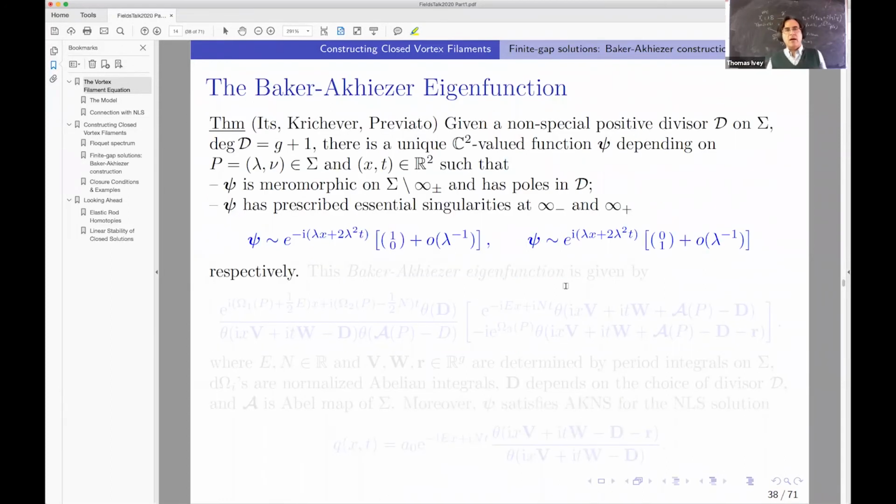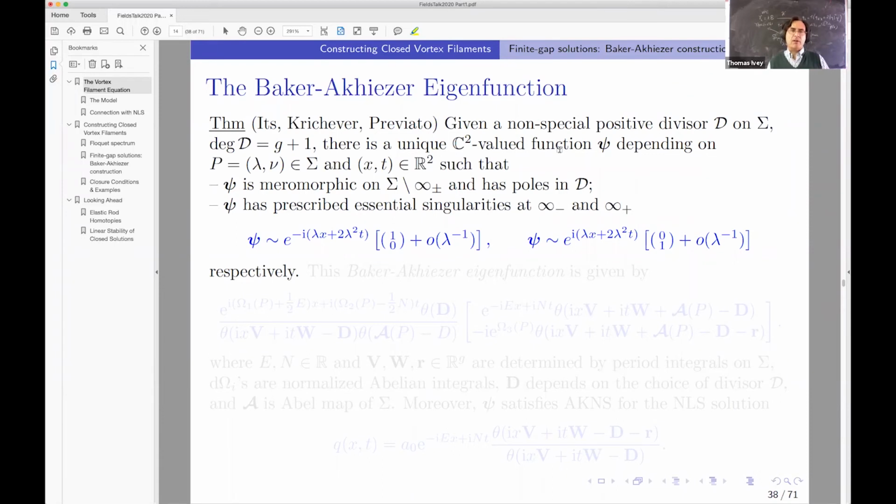And then what we need, though, is a function that will solve the AKNS system. That was sort of cooked up by Krichever, Its, and Previato in the 1970s and 80s. And we can pick a unique function by making the following specification.